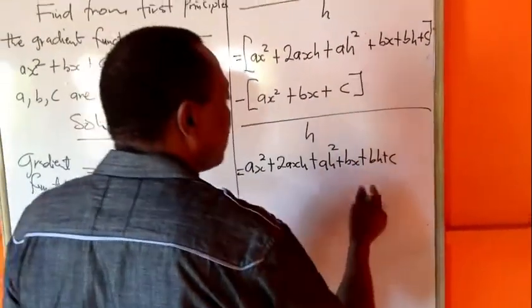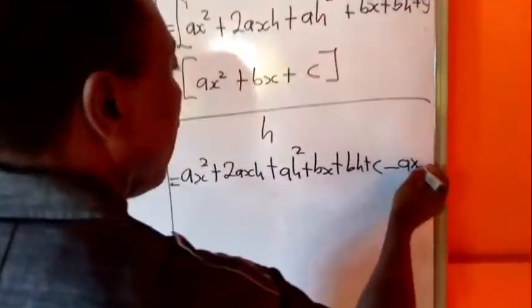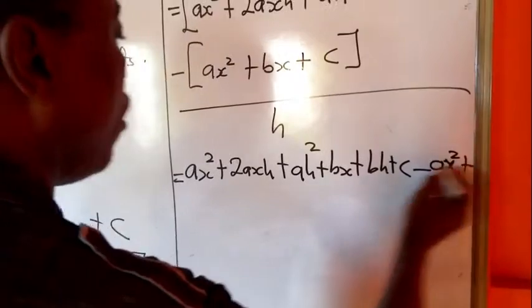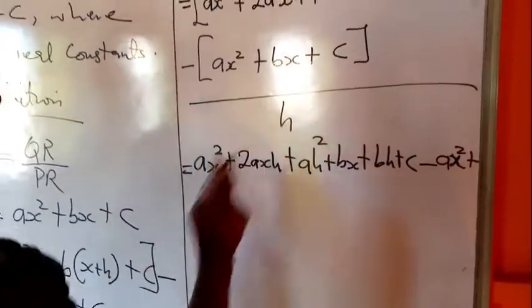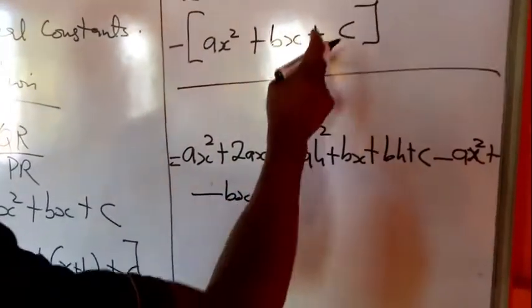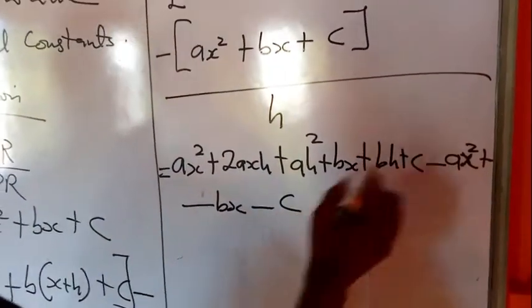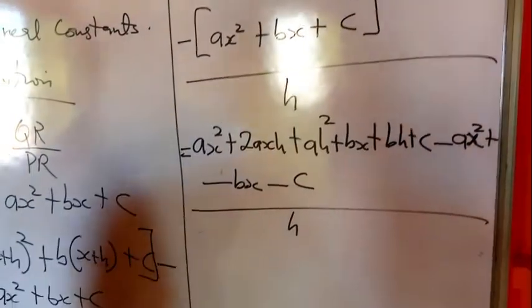This minus will affect everything there. You have minus ax squared, minus bx, because this minus will affect it. It will also affect this one, minus c. So let's see how we can carefully address it.